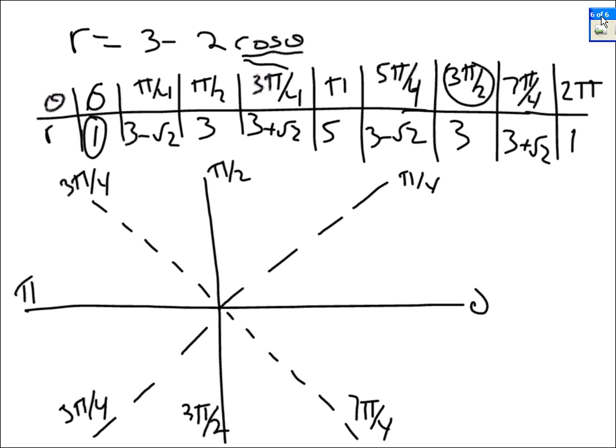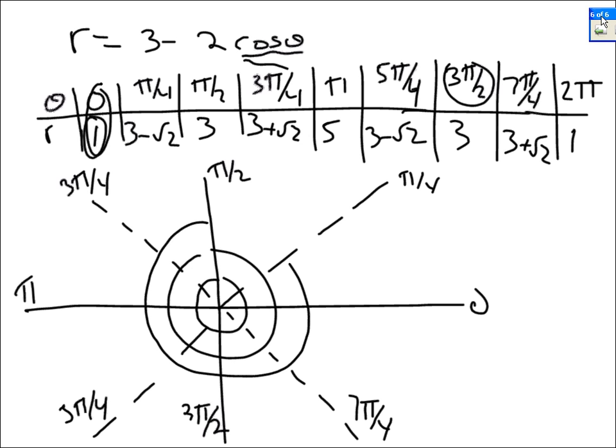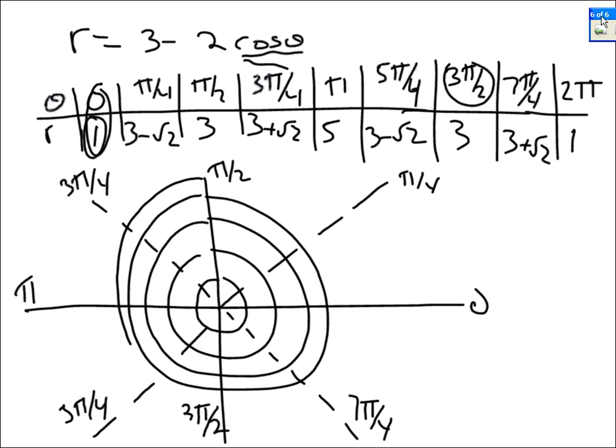When theta is 0, I go out 1. The most I go out is 5: 1, 2, 3, 4, and then 5. When the angle is 0, I go out 1.